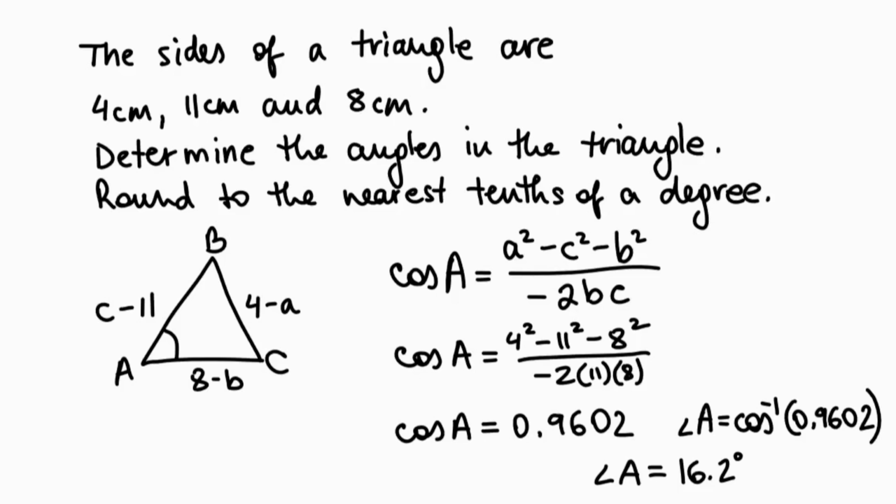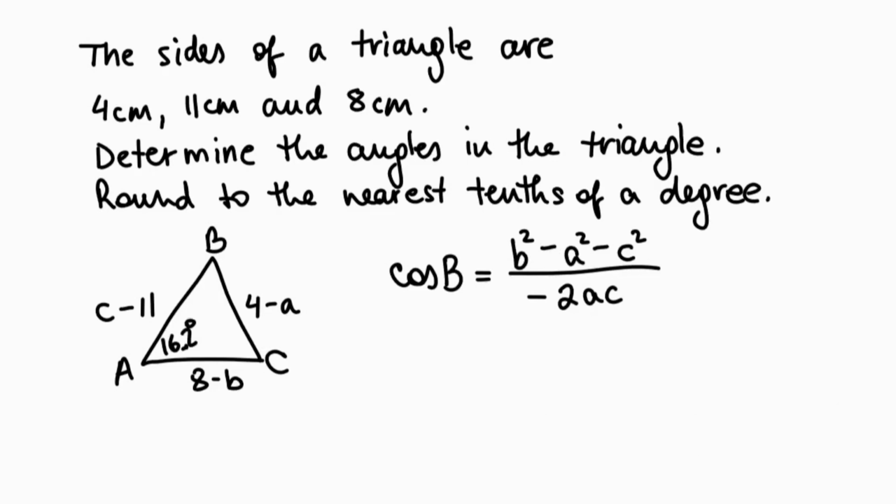The question is asking us to determine the angles in the triangle, not just one angle. So we need to continue and still find angle B and angle C. For angle B, the formula will look the following way. Cos B equals b squared minus a squared minus c squared over negative 2ac. Let's substitute the values.